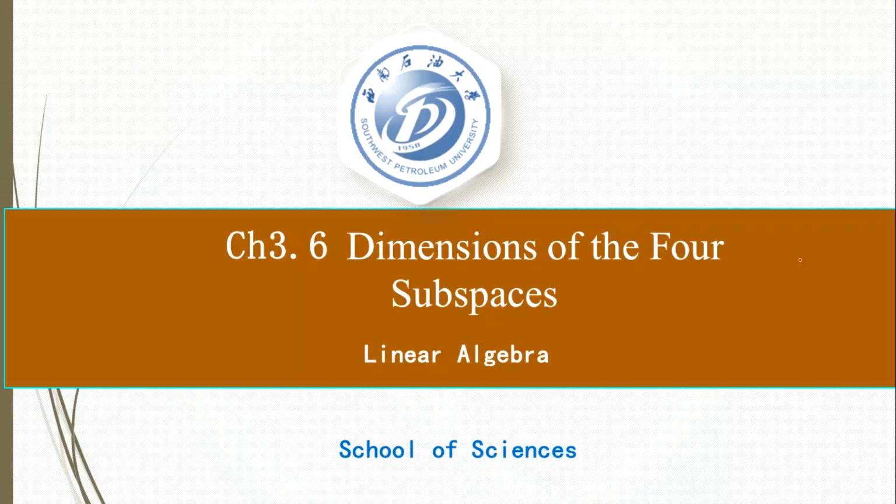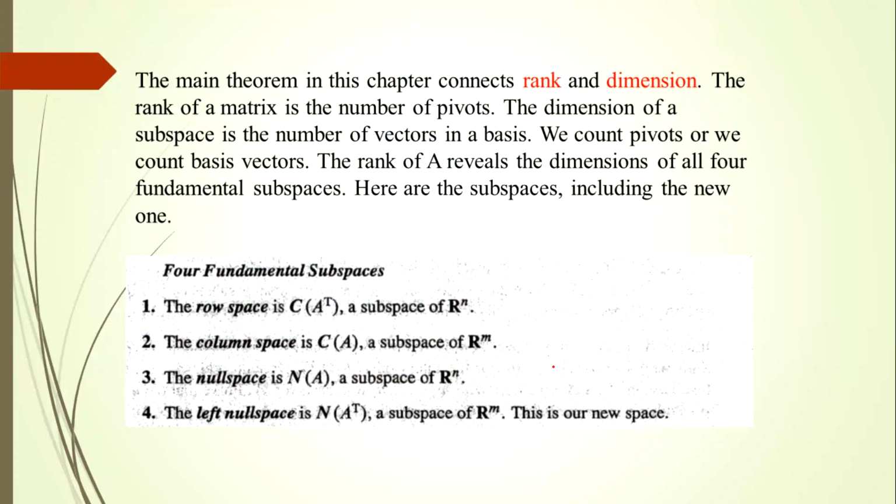Now let's start the last section of this chapter, dimensions of the 4 subspaces. Actually, we have already studied some of those subspaces. The main theory in this chapter connects rank and dimension. The rank of a matrix is the number of pivots.